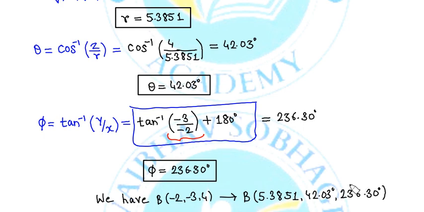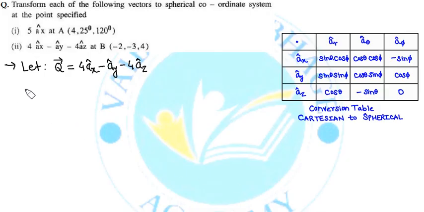Now we will move on to the conversion of your given vector into its spherical components. Now we have assumed that vector Q to be 4ax cap minus ay cap minus 4az cap. Now this vector Q in terms of spherical system will be what? So we have to express that vector Q in terms of r, theta and phi.